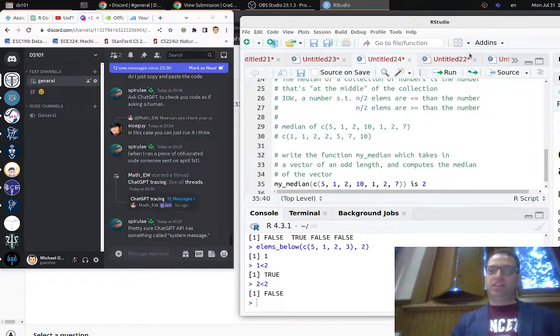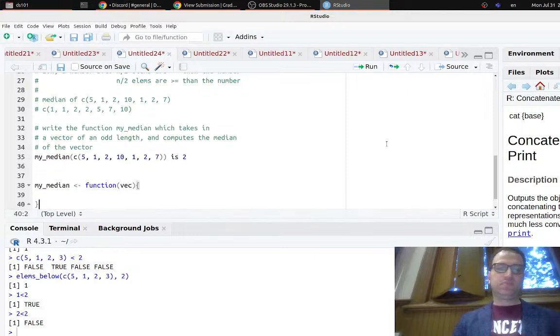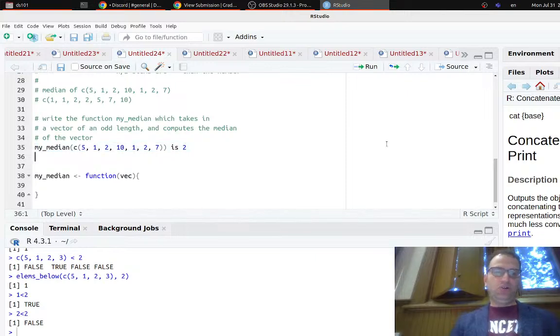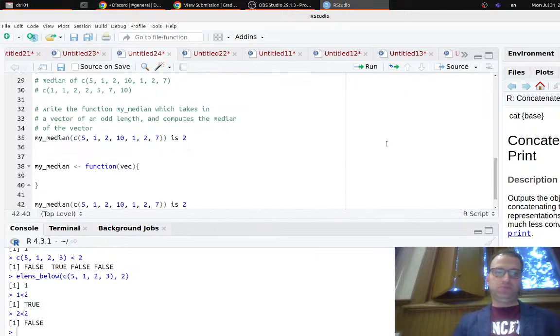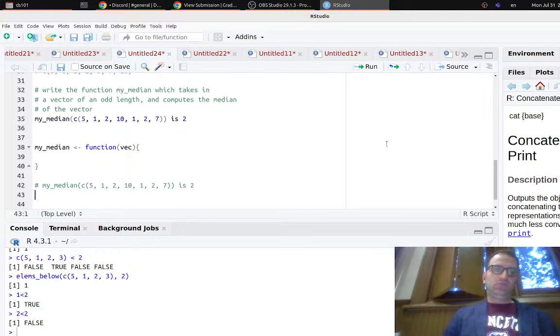So I'll start writing this. And again, we know that this is supposed to be 2. I kind of gave you a recipe for the example here, right? The recipe is, once you've got it sorted, you can just take the middle element. So what do we need to do? There are really several things. This is called an algorithm.